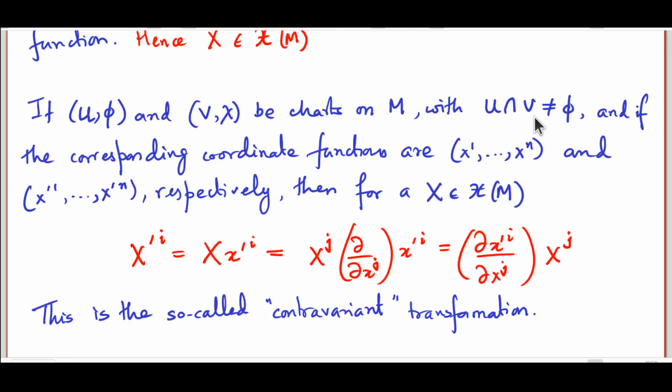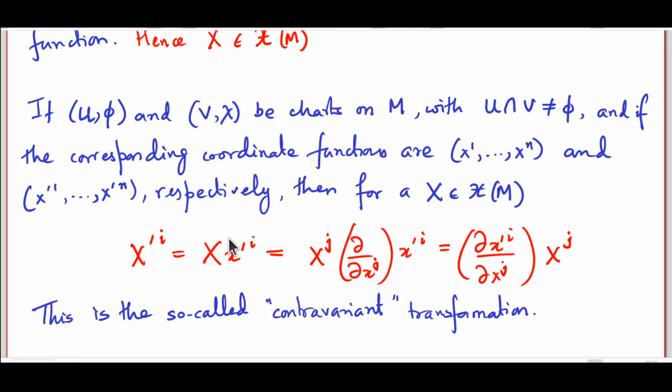So U intersection V is non-empty. Now, if the coordinate functions corresponding to the chart (U, phi) are x1 up to xn, and the ones corresponding to (V, chi) are x prime 1 up to x prime n, then for any smooth vector field capital X, capital X prime i will be given simply by capital X acting on the x prime i coordinate function.